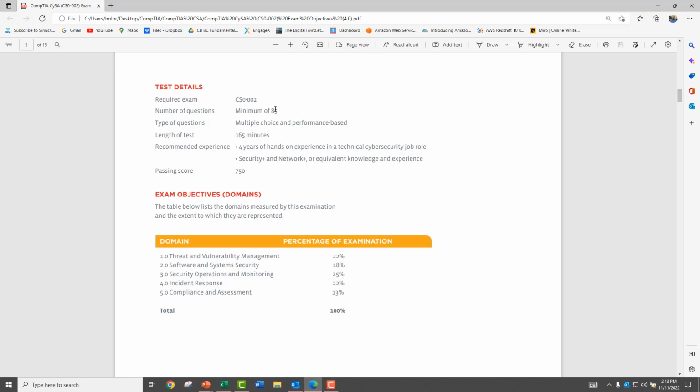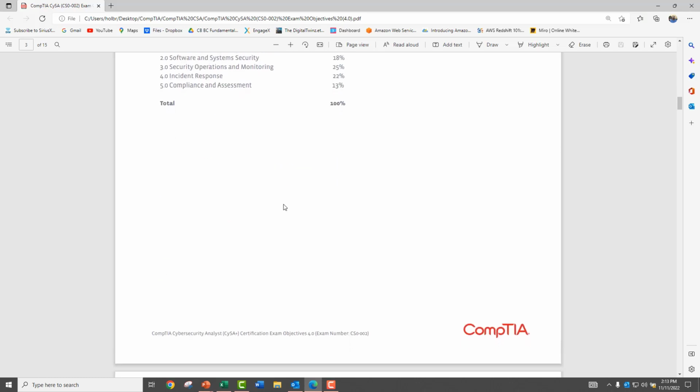Usually some of these questions are used for analytics purposes, to see what types of questions and formats work and what doesn't. So just be aware that you'll likely get more questions, and that doesn't mean you're going to get graded on every one. You need a 750 to pass the exam.